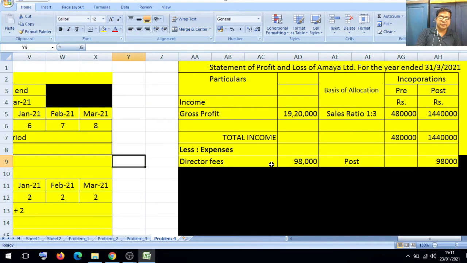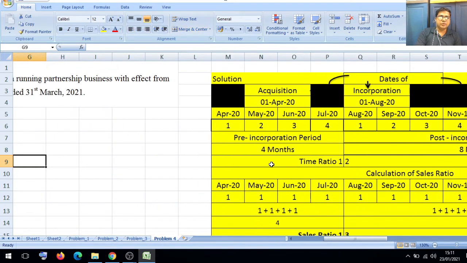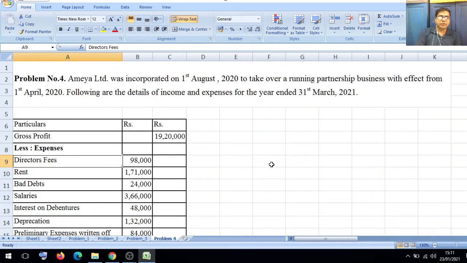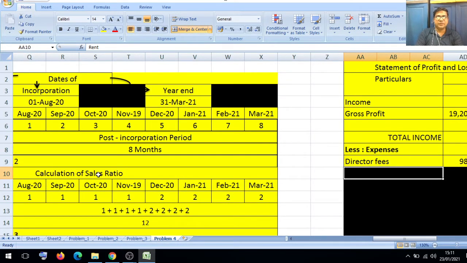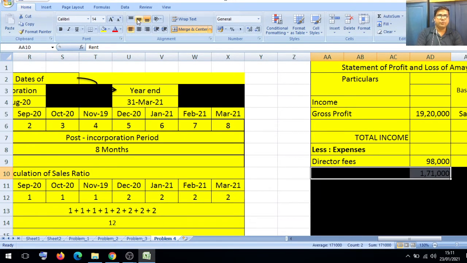After that, the next item in our statement of profit and loss is rent, 1,71,000. We have to put it here.